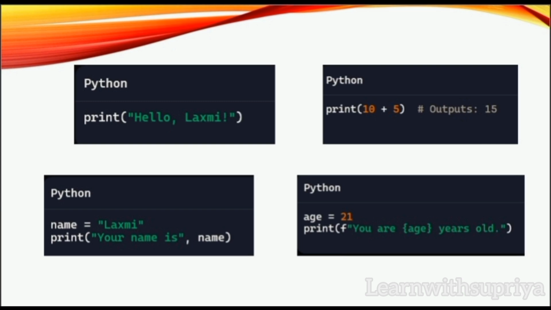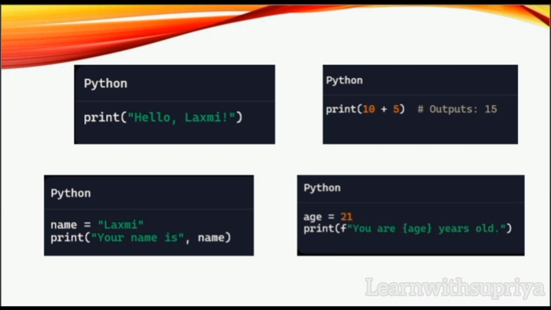For clear formatting, Python offers f-strings, which are formatted strings. Where age = 21, you print print(f"You are {age} years old"). Formatted strings are my favorite method because it is very simple. You can see the example on the screen.